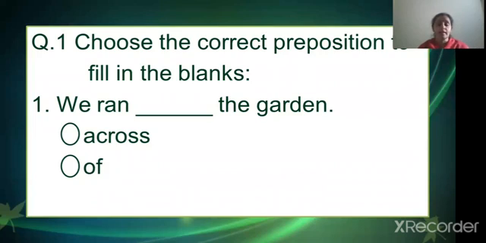The two options given to us are across and off. So just think and tell me what can be the right answer. Yes, the correct answer is we ran across the garden.